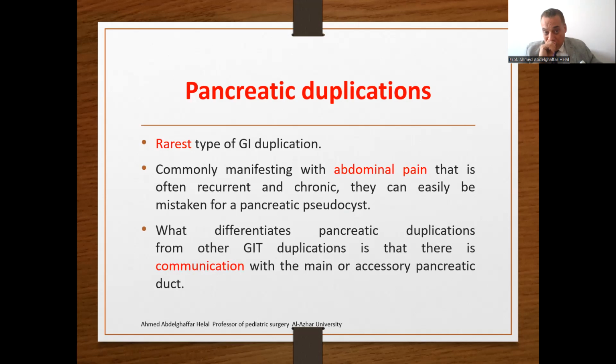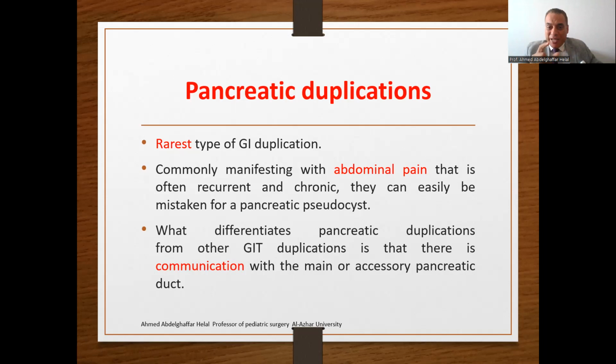Pancreatic duplication. Yes, this is among the rarest types of gastrointestinal duplication, commonly presenting as recurrent and chronic abdominal pain. They can easily be mistaken for a pancreatic pseudocyst.